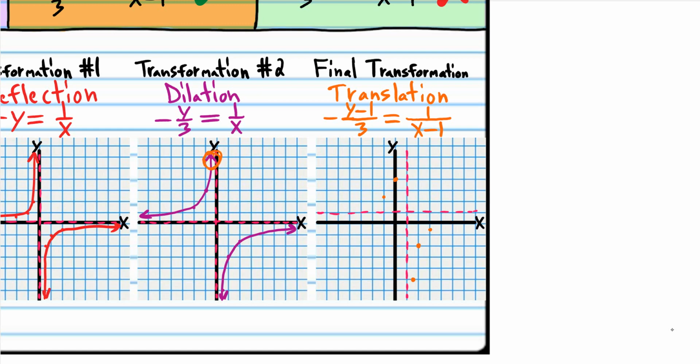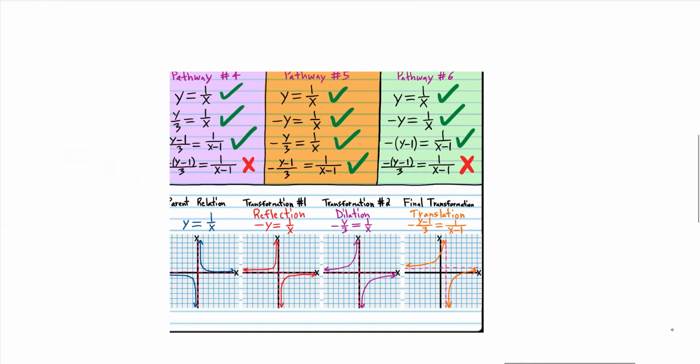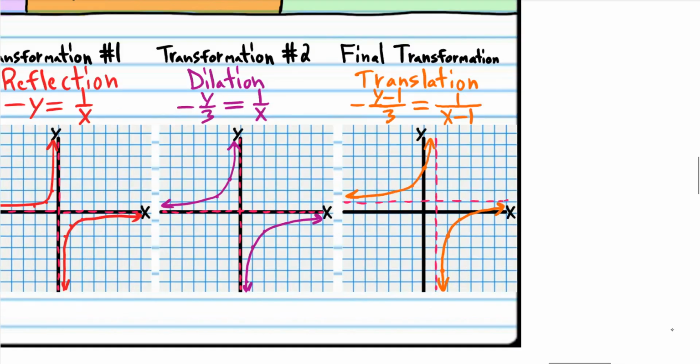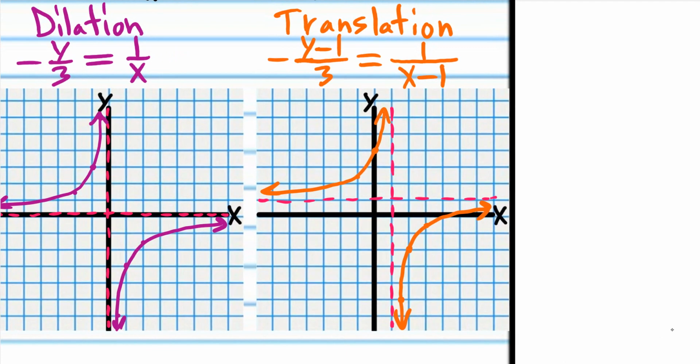And this point is negative 1/2, 6. And it looks like that's going to be off the window, so we can just connect the dots there. And this is our final graph. So if you got that one right, good job. That's the final graph.